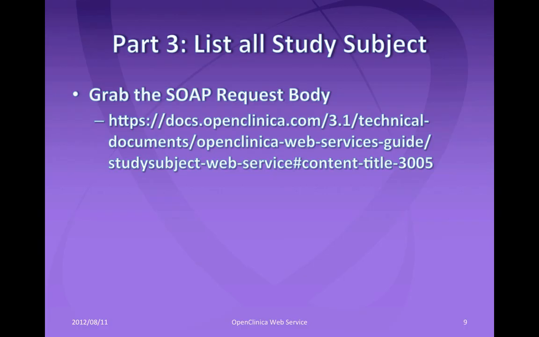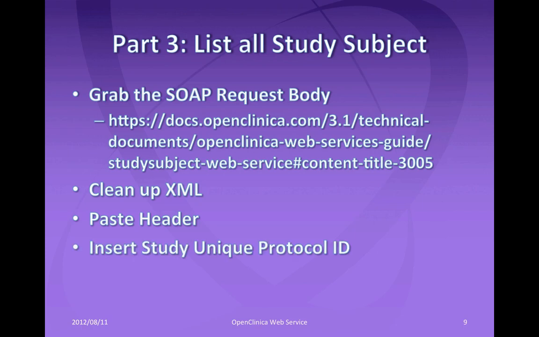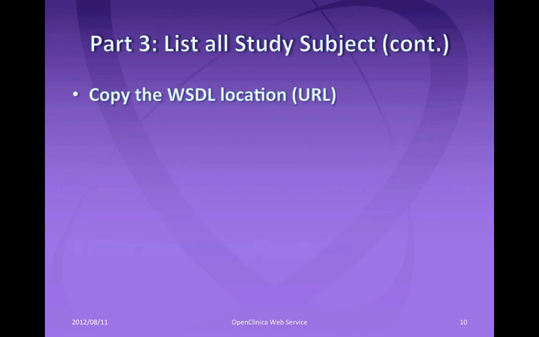As you are already familiar with the drill, clean up the copied XML, paste the header template we created during the second screencast, and insert the study unique protocol ID of the target study. As we did last time, copy the WSDL location URL.